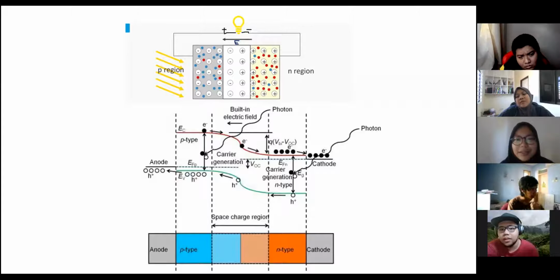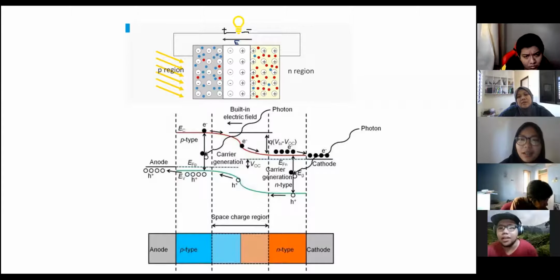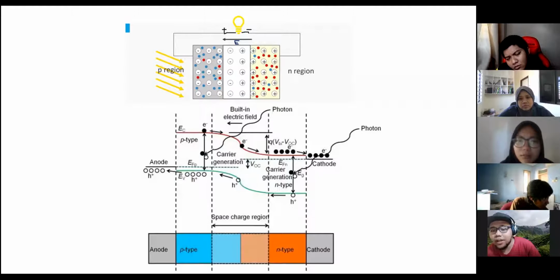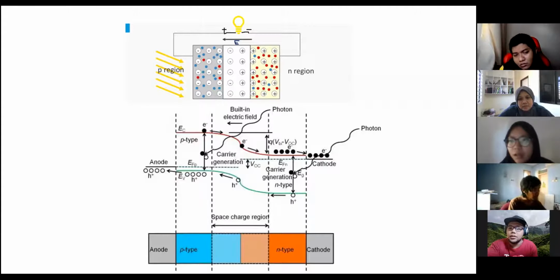In the material itself, in the P region, the picture shows a lot of electrons because of the negative. In the P region, the minority carriers are electrons. Oh, that is the minority. Okay. So it is not the free carriers, it is the minority.